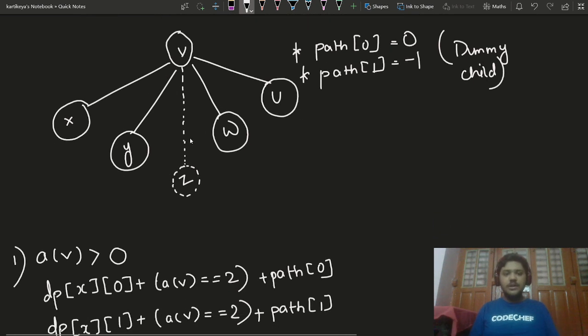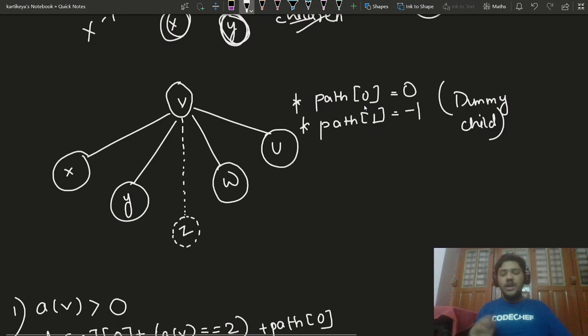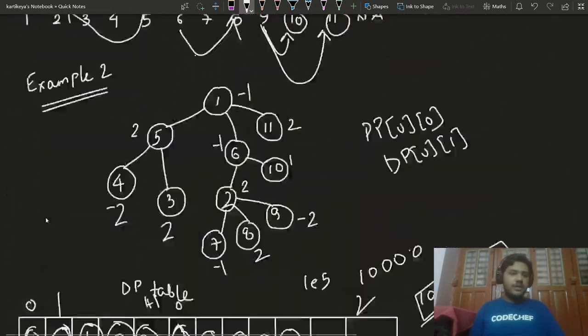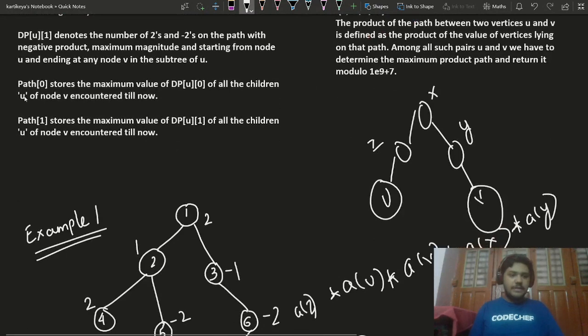Now here I am just storing path of 0. What does path of 0 mean? It is written in the DP assumptions. Let's read that. Path of 0 stores the maximum value of DPU0. What is DPU0? It is the number of 2's or minus 2's in the positive product maximum magnitude path, which is starting from node U and ending at any node in the subtree of U. So basically, path 0 stores the maximum value of DPU0 of all the children U of node V encountered till now, and path 1 stores the maximum value of DPU1 of all the children U of node V encountered till now.